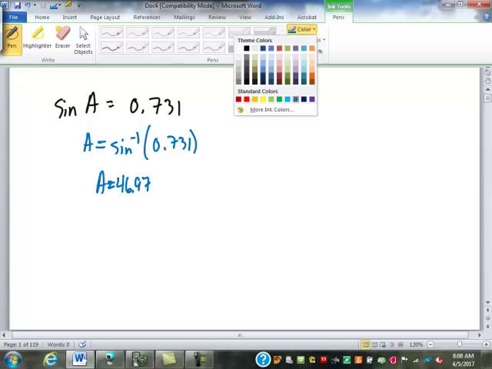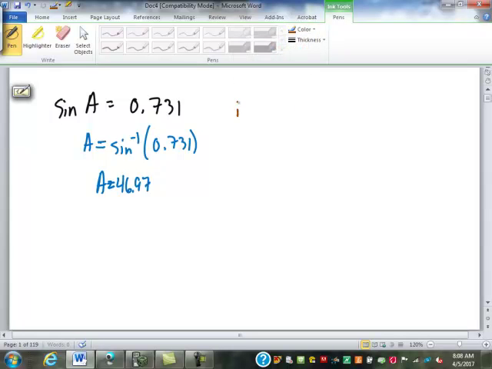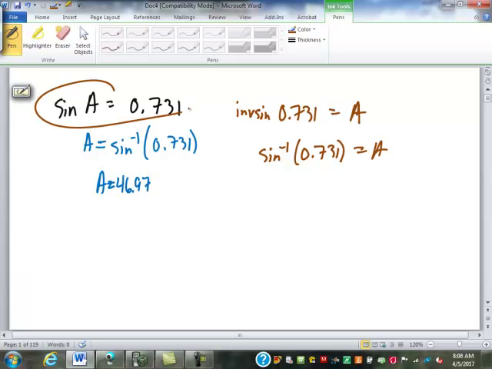There are several other notations that this can be put in. This can be written as an inverse sine like this equals A, asking us to do the same thing, find the inverse sine. This one shouldn't be too confusing. This is basically what we've been doing, just written out at the second step instead of starting out here.